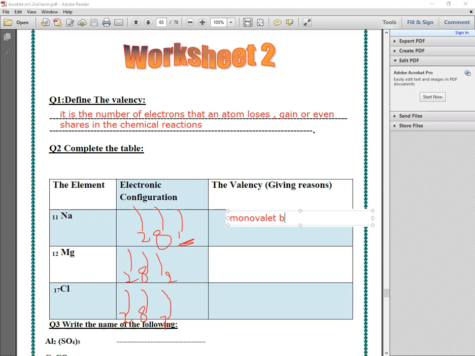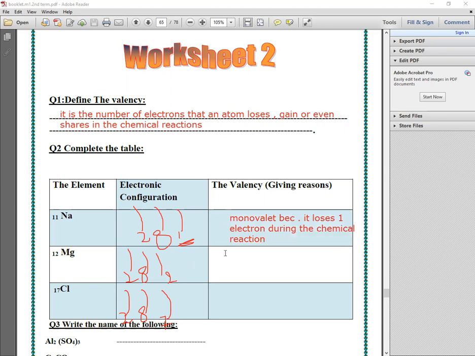Because it loses 1 electron in the outermost energy level during the chemical reactions.